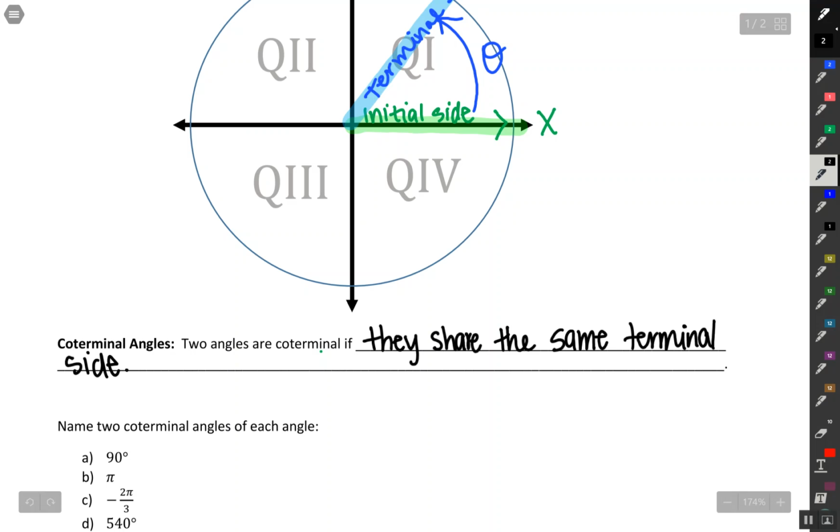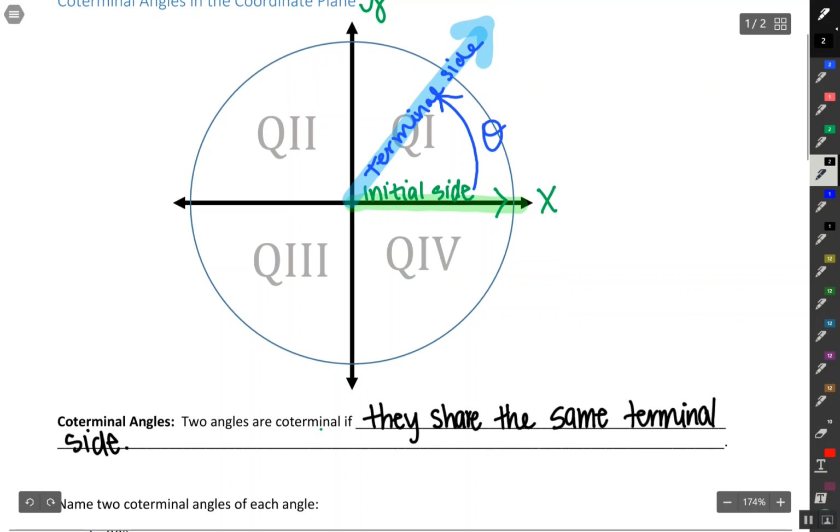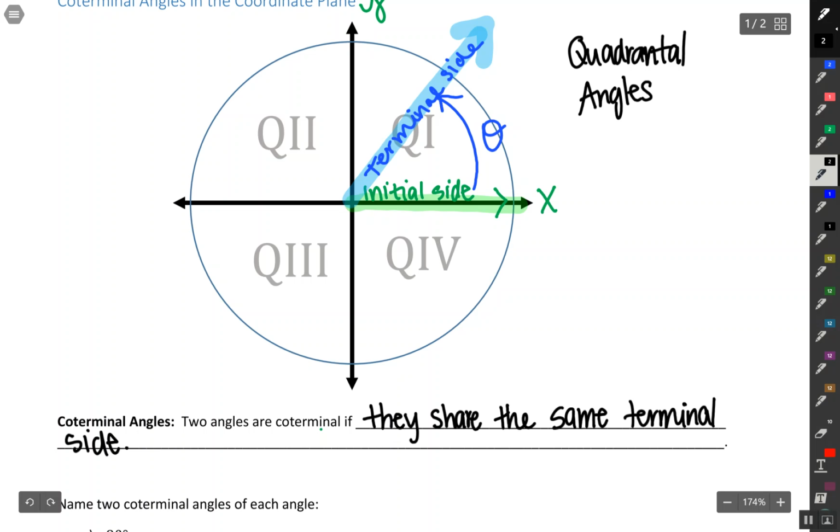Okay, so let's start by labeling some of the key angles on here. There are these angles called the quadrantal angles, and those are the angles at the axes. If we're talking about a terminal side that is directly on top of the initial side, we're talking about an angle of 0 degrees, which is also 0 radians.